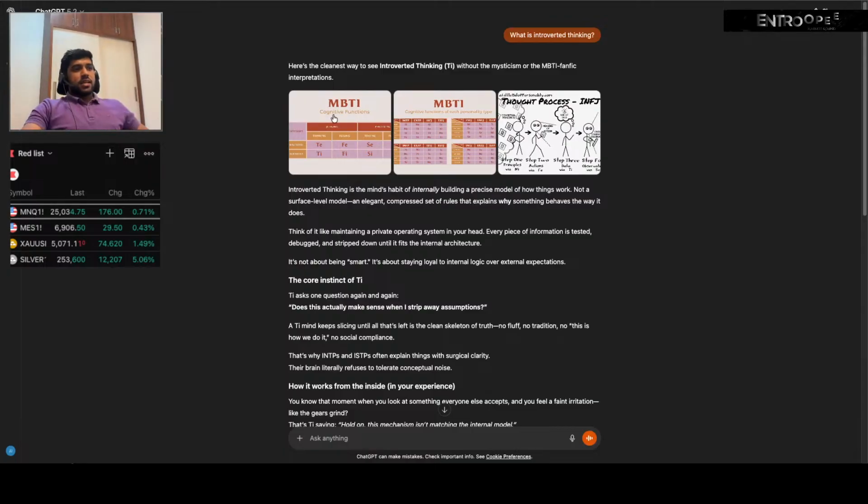Yeah, let's continue. So it's not about being smart. It's about staying loyal to internal logic over external expectations. The core instinct of TI, that is introverted thinking, which is the top function of INTPs. So I'll just give you the other functions of INTPs. I'll just type it here.